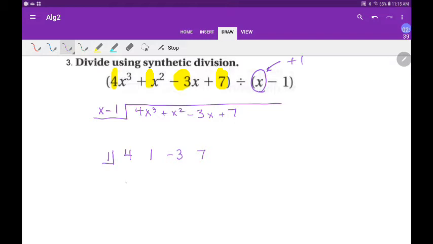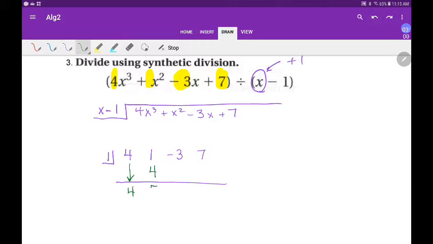So synthetic division says we'll bring down the 4, that's the first thing we do, and then we'll say 1 times 4. 1 times 4 is 4, and we write that up here. 4 is the answer.